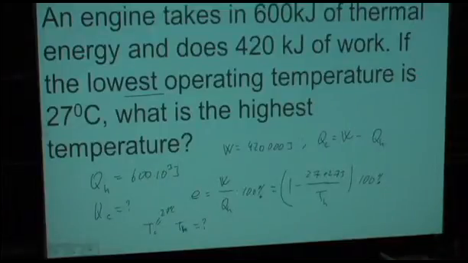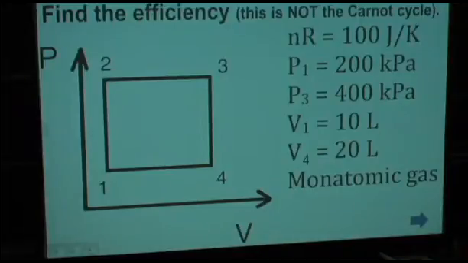A different situation happens when we actually have to use the information about the cycle to calculate stuff, whatever we want to. So let's do this. Why is it important? It says it is not the ideal cycle. Well, if we were given information about the Carnot cycle to calculate the efficiency, we could have used just this equation.